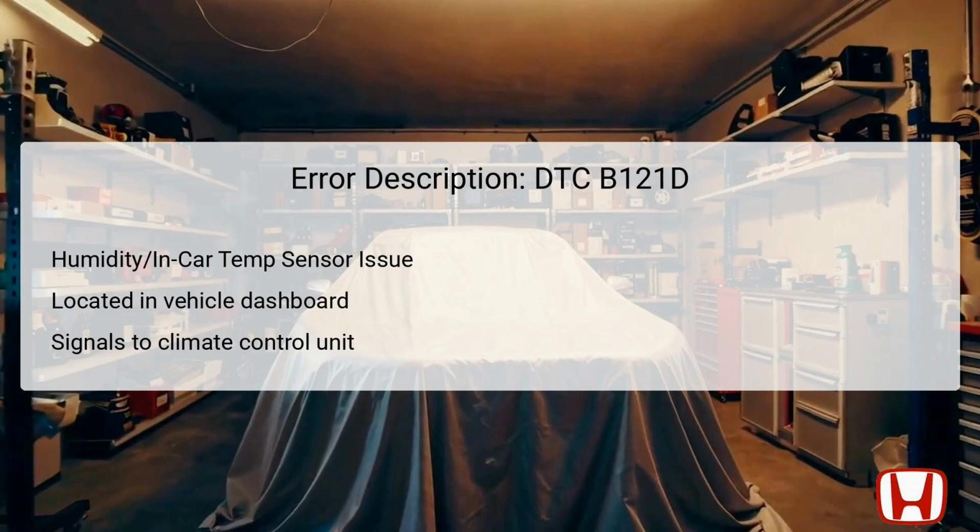DTC B121D represents a communication error between the humidity in-car temperature sensor and the climate control unit. The humidity and in-car temperature sensor is located within the vehicle's dashboard, playing a critical role in assessing the interior environment.